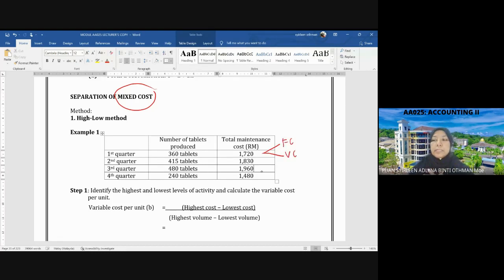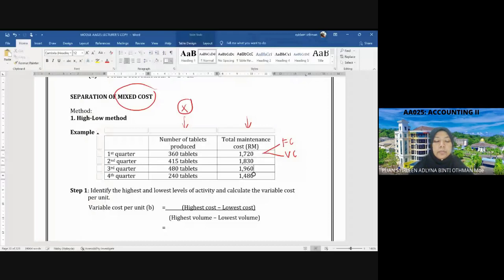So how do we separate this? We need to use the high-low method. When I say high-low method, you want to look at your highest point and your lowest point, whether you look at the number of tablets or the total maintenance cost. Your high-low method, we will look at X, which is your level of activity.